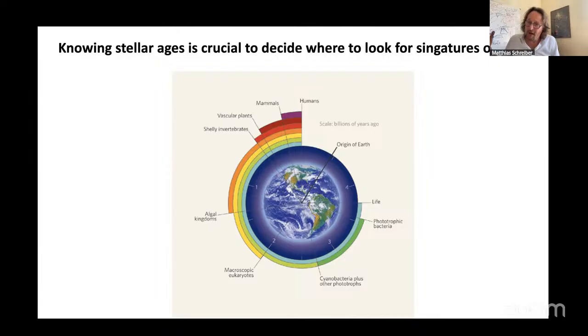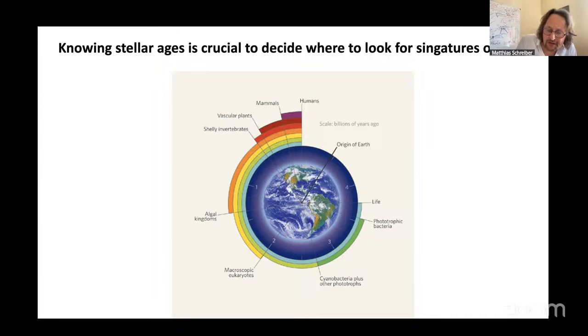Before, it was hard to see that there has been a lot of photosynthesis, oxygen produced by plants on Earth. This is only 2.4 gigayears old. So if you look in exoplanets for biosignatures, you better know that the star is 2 gigayears old or a bit older, so that the planets around them had the opportunity to develop life as we know it.